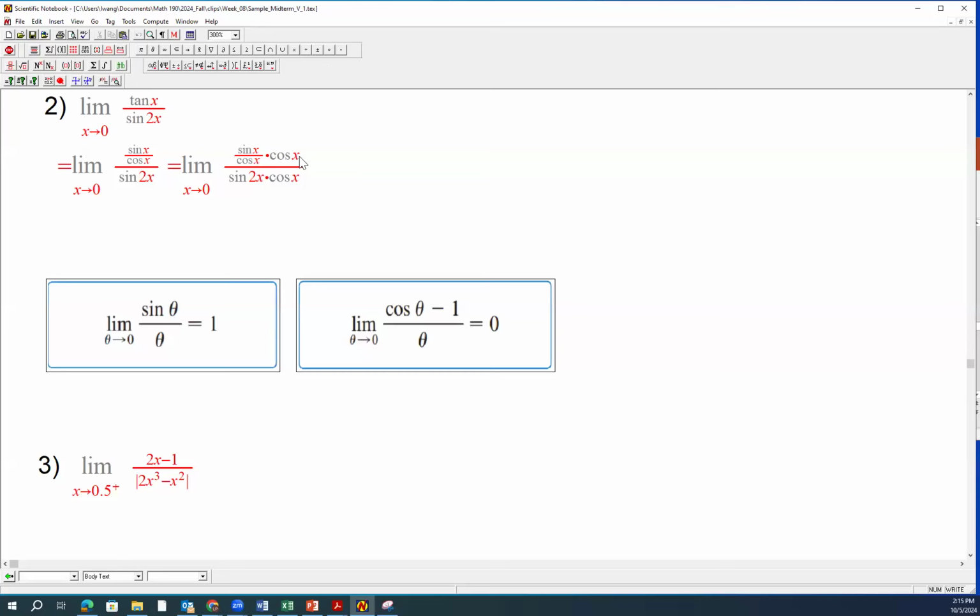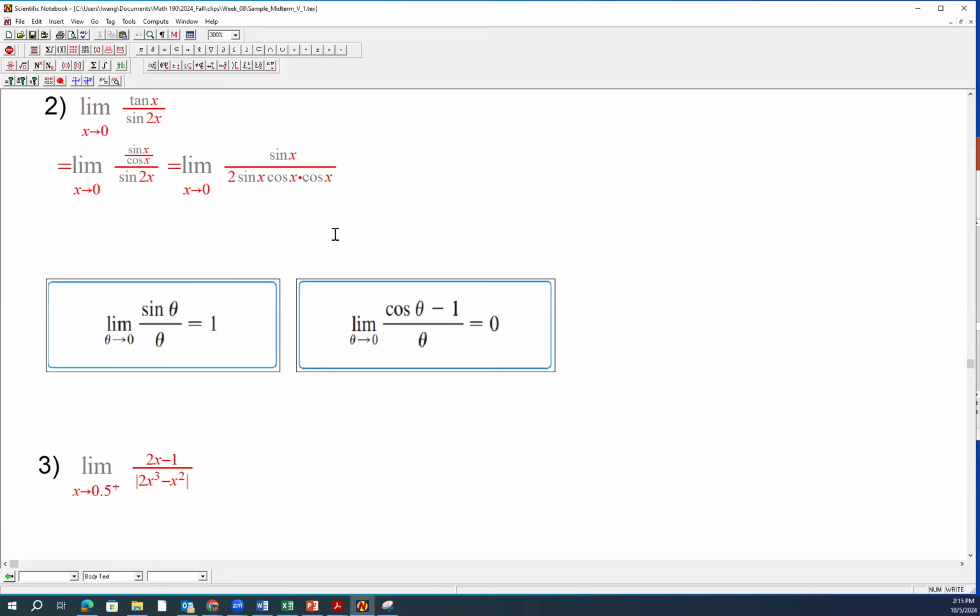On the top we only have sine x. What is sine 2x? Sine 2x is 2 times sine x cosine x.